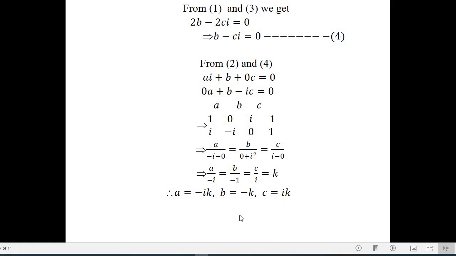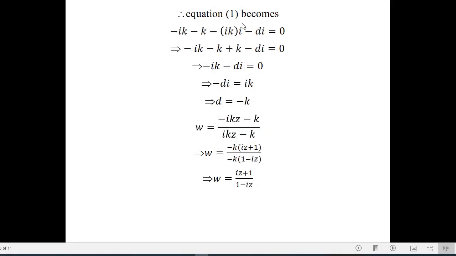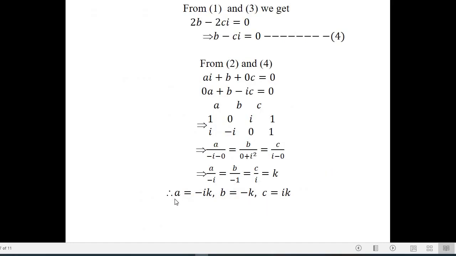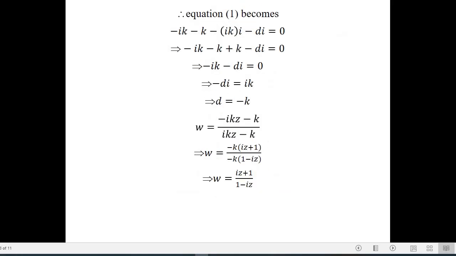Now substitute these a, b, c in equation 1. Here is equation 1, right? In this equation, when I substitute the a, b, c values, I get the d value. Substitute the values of a, b, c in equation 1. We get minus ik minus k minus of ik into i minus di is equal to 0. Substitute the a value, b value, c value, write the d term as it is.